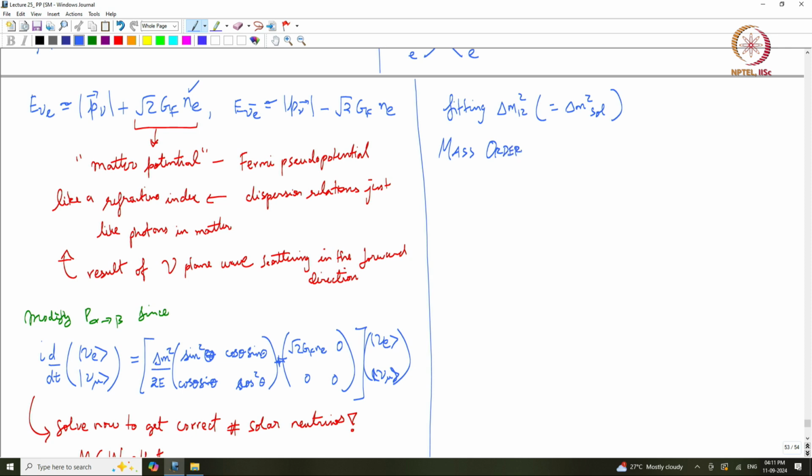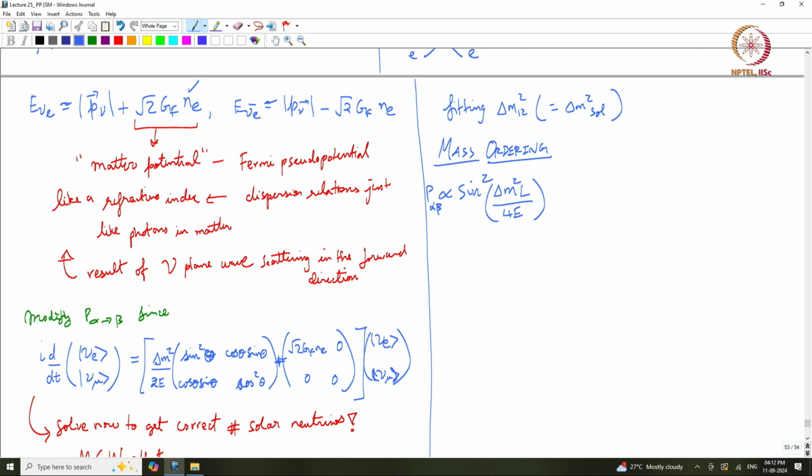Mass ordering. See, in the probability, all these conversion probabilities from alpha to beta were proportional to this particular term, correct, sine square of an argument that contains a delta M squared.